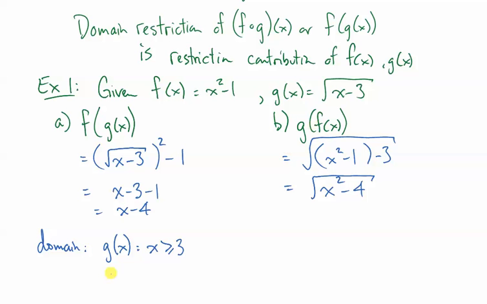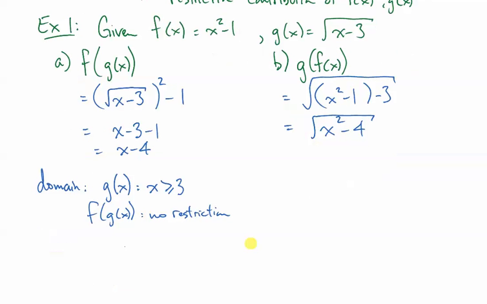Now, looking at the result, f of g of x, it has itself no restriction on the domain, and so the restriction on the entire function is x greater than or equal to 3 for the domain of part A, f of g of x.